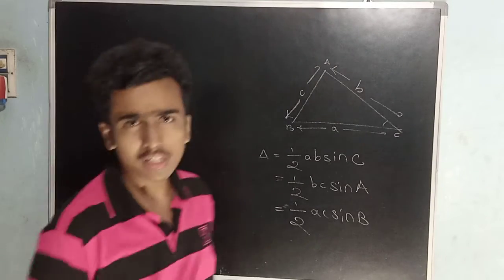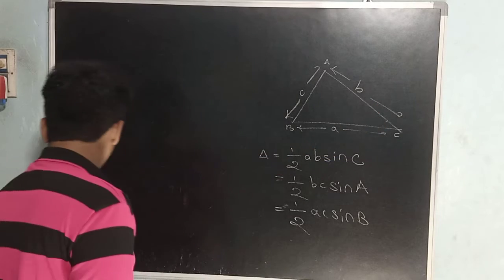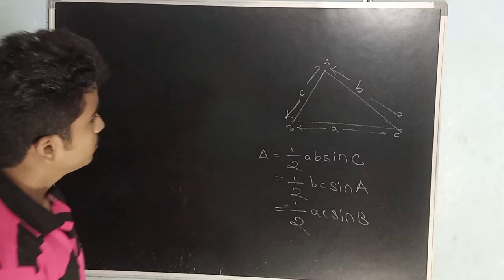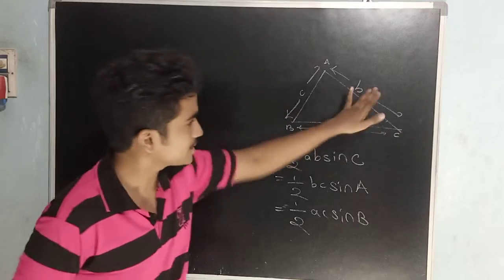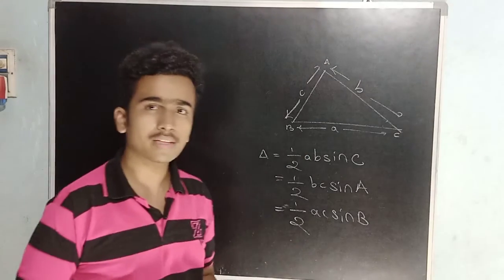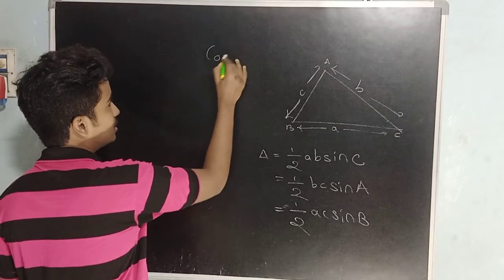Suppose we have not been given any other angle. Suppose for a triangle we have been provided three sides and asked to find the area of the triangle. So what we can do, either we can use the cosine rule.